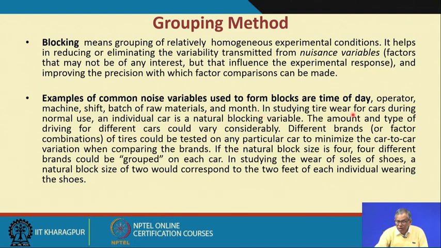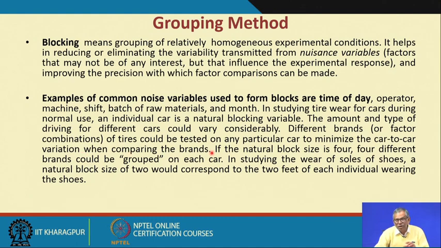In studying the wear for cars during normal use, an individual car is a natural blocking variable. The amount and type of driving for different cars could vary considerably. Different brands or factor combinations of tires could be tested on any particular car to minimize the car-to-car variation when comparing the brands.